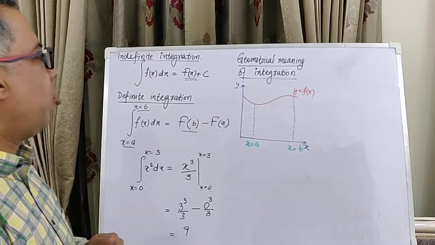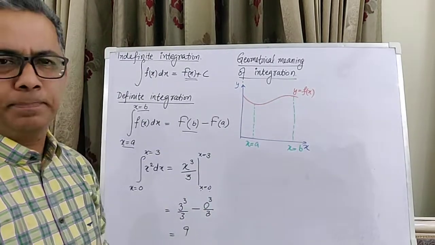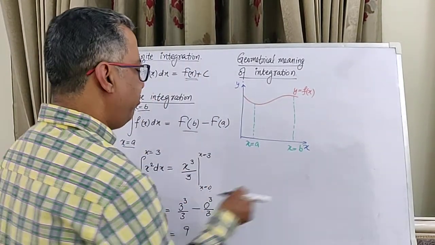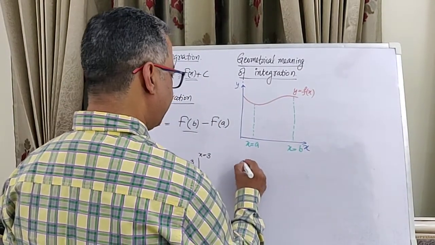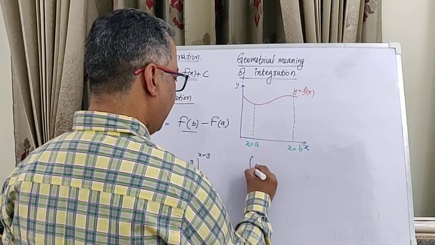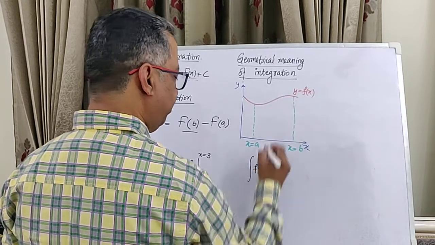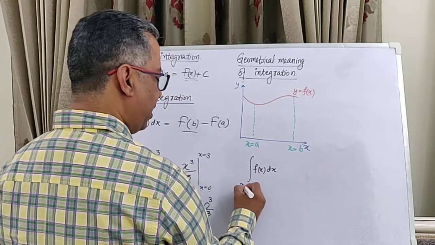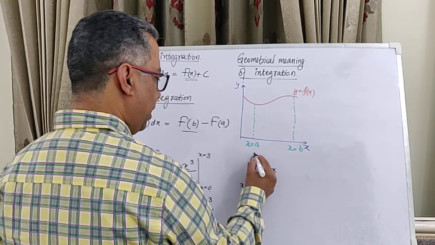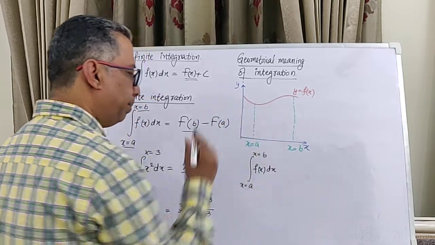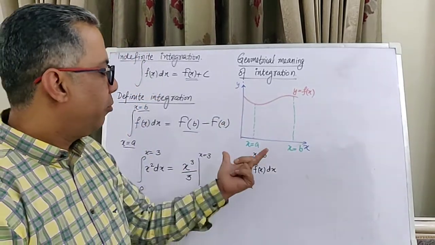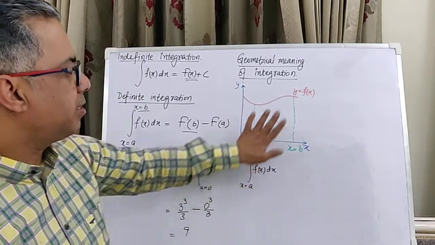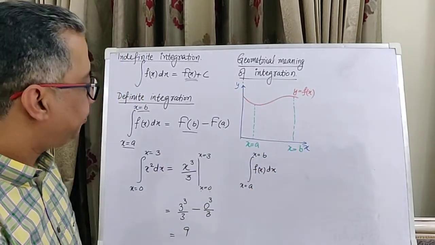And we are looking for a geometrical meaning of this integral. Which integral? Well, the integral we are looking at is fx, this function, times dx, integrated from x equal to a to x equal to b. This is what we are looking for. Geometrically, what does this represent on the graph?